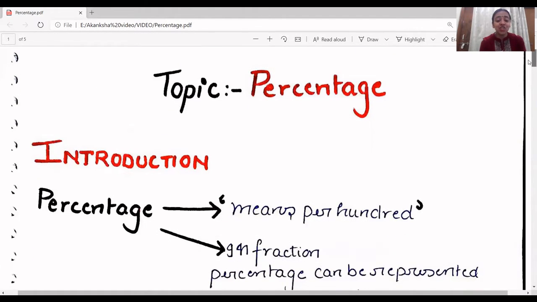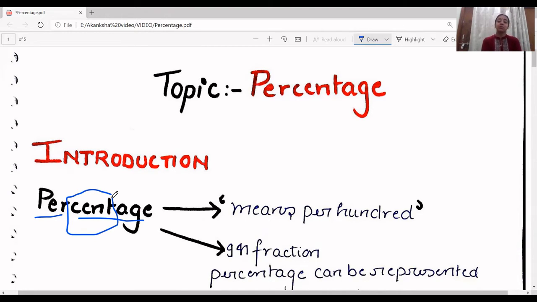So percentage means per hundred. When we say percentage, the word is actually divided as per and then centage. So per means per, and cent means hundred. So it means per hundred.